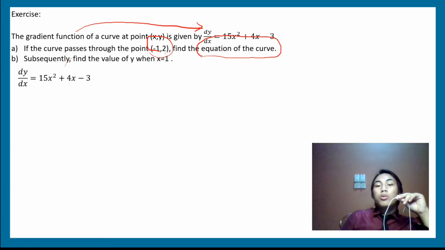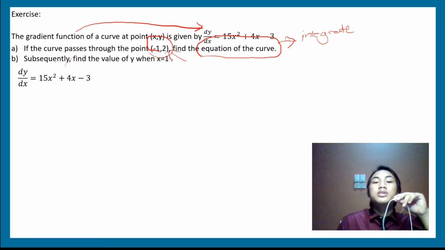When we want to find the equation of the curve, what should we do? Integrate. The point here is very important for us.